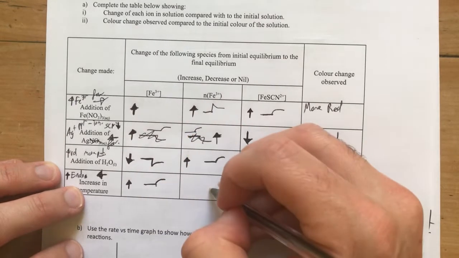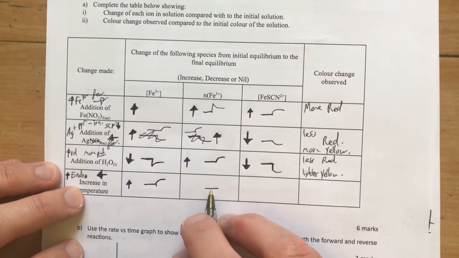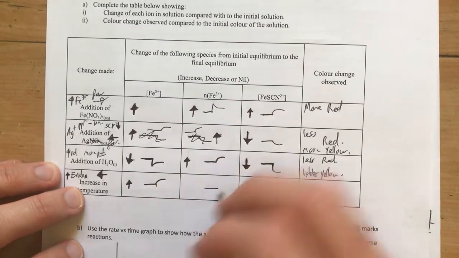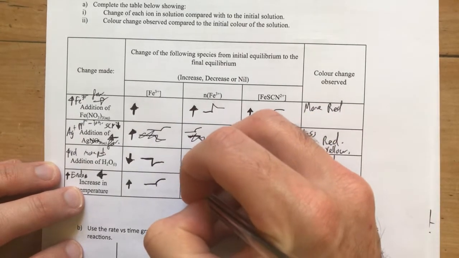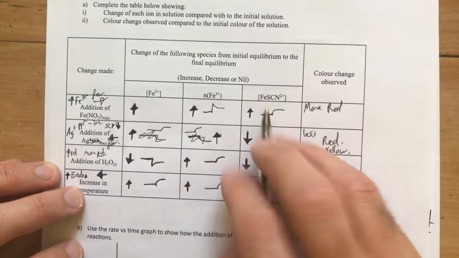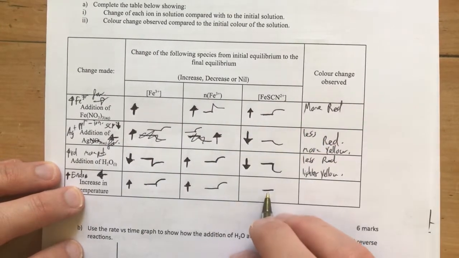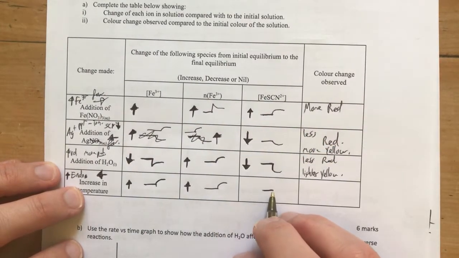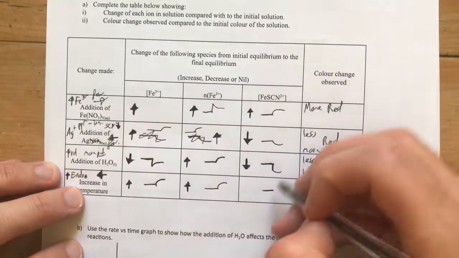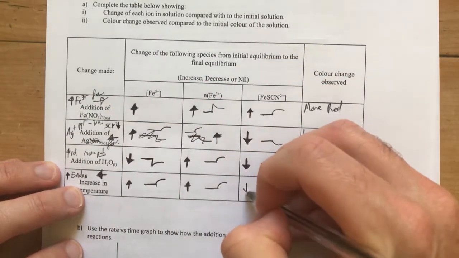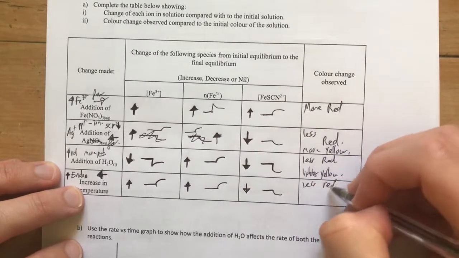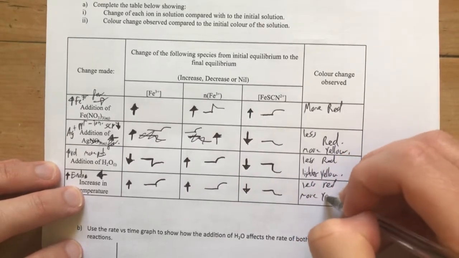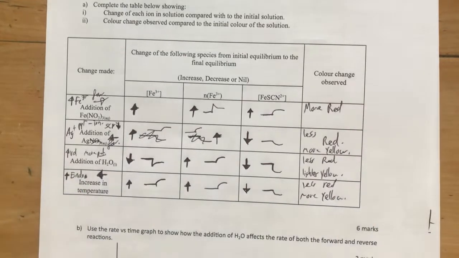Number of moles, again, stays consistent at my initial equilibrium, no massive change, and favouring a backwards reaction, that's going to be an increase. And then lastly, with my initial equilibrium, no massive change, favouring a backwards reaction, that's going to go down, that's going to be lower. What does that mean? I have less red and more yellow colour in that.